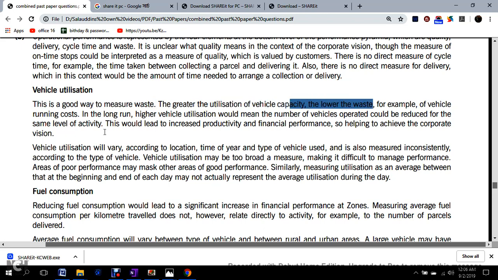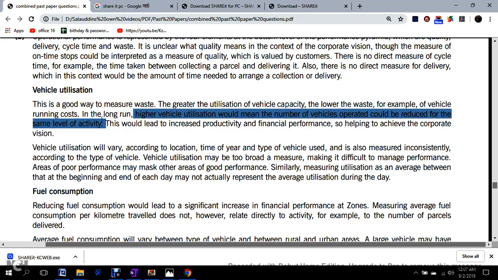For example, of vehicle running cost, in the long run, higher vehicle utilization would mean the number of vehicles operated could be reduced. I read the question long back, but the thing I remembered exactly matched. Higher vehicle utilization would mean the number of vehicles operated could be reduced for the same level of activity.